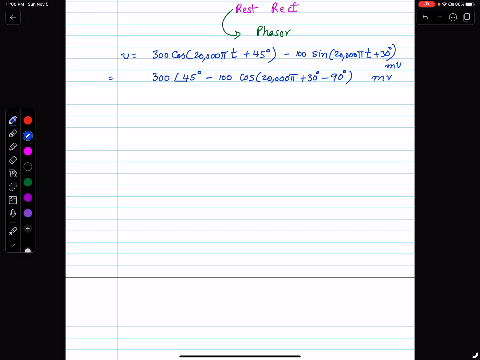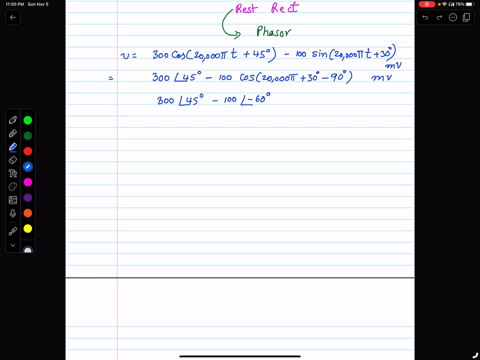So I'm going to write this as 300 angle 45 degrees minus 100 angle, 30 minus 90 is minus 60 degrees. Notice that this minus is coming from here and this minus is coming from the subtraction there. So let's be careful.